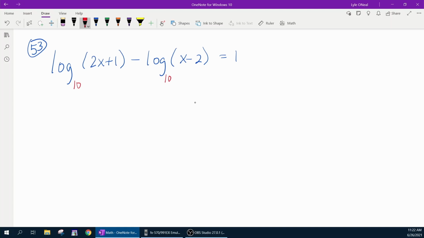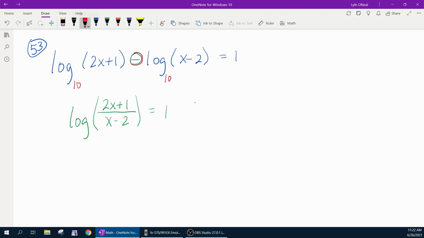You don't have to write it. I'm writing it just so you know that that is a base 10 on our log. Now then, our two logs are attached with subtraction, so that indicates the quotient rule. So when I put my two logs together, the subtraction turns into a fraction, where the 2x plus 1 goes on top, the x minus 2 is on bottom, and that's still going to equal 1.